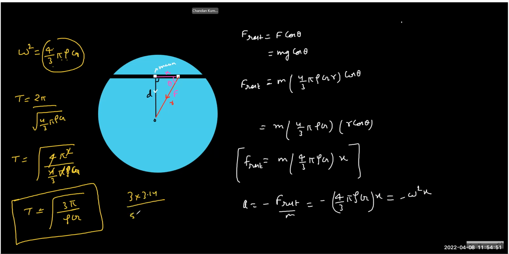So density is 5510, and G is 6.67 times 10 power minus 11, right? Yes, sir.